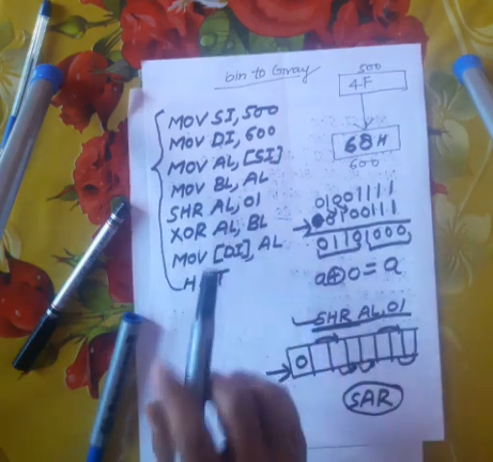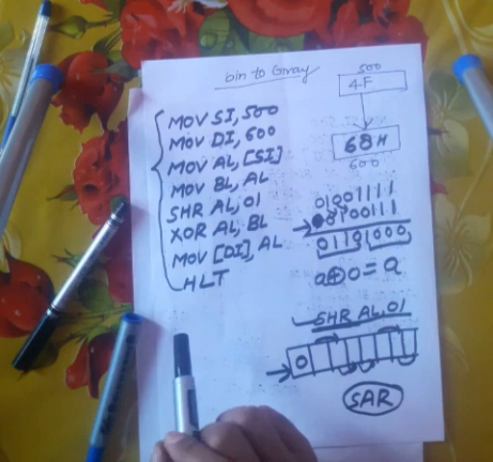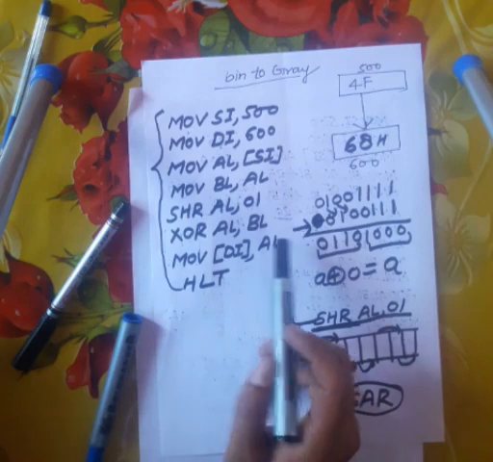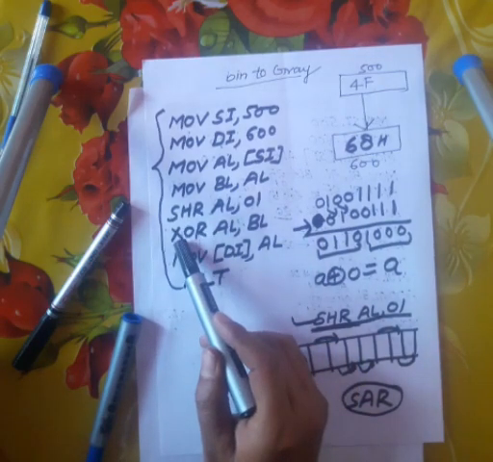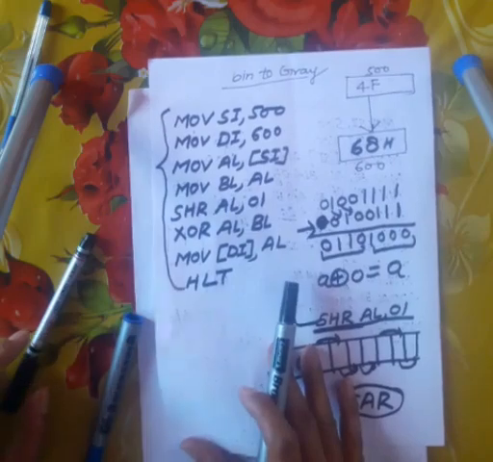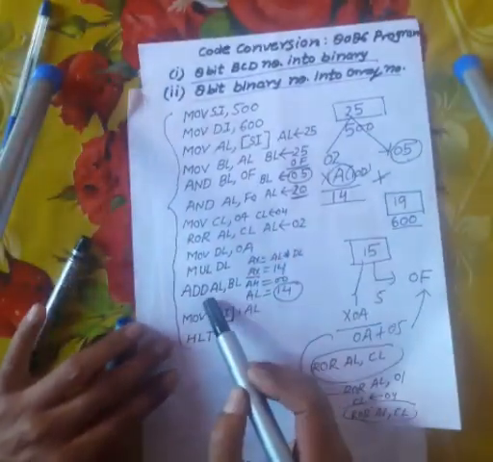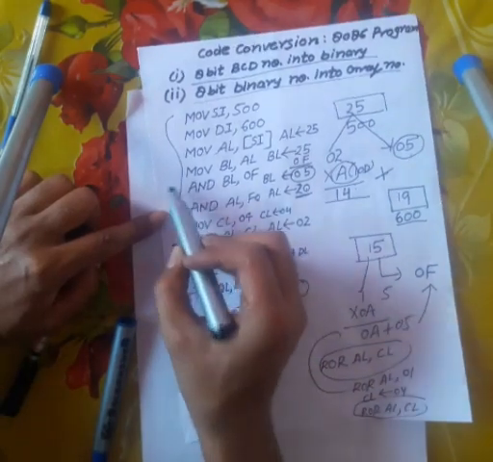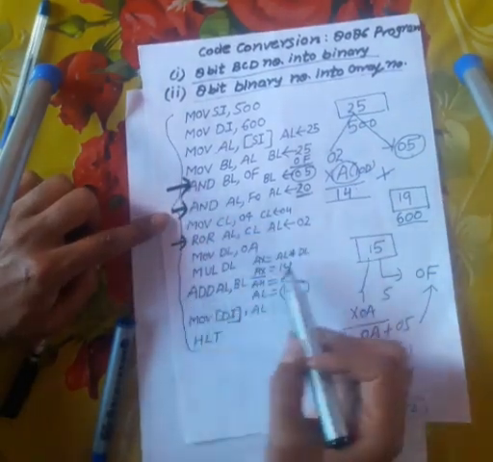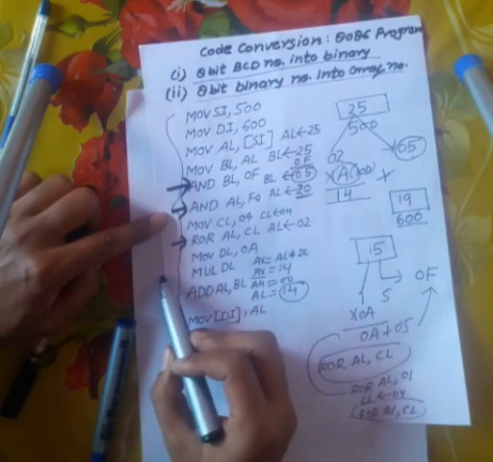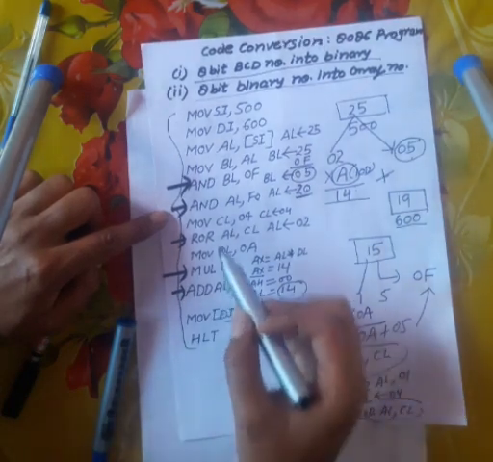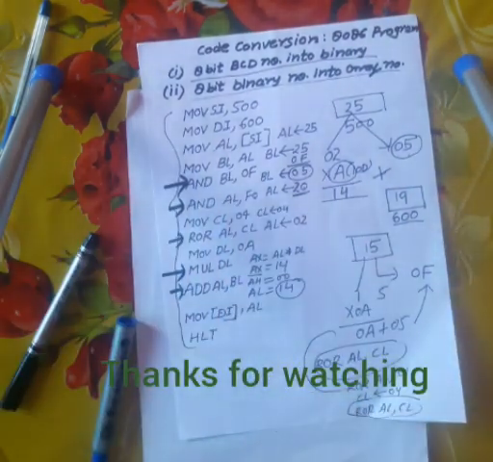Basically in this program you have seen how to apply the logical instructions SHR and XOR. Similarly ROR and AND are logical instructions, and mul is an arithmetic instruction, and the rest are data transfer instructions. It's all about today's class.